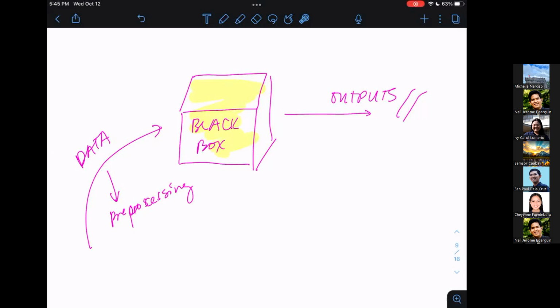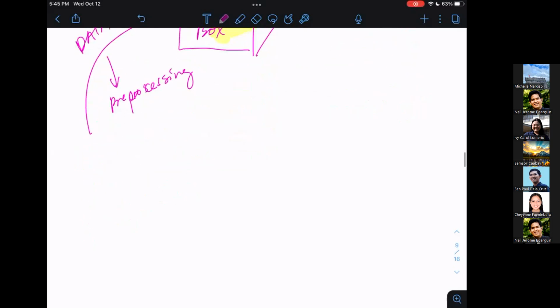And part of this is that these black boxes usually employ large linear systems, lalo na sa parameter estimation o sa pag-extract ng useful information for say clustering or classifying data. So merong isang malaking linear system na nandun sa black box.